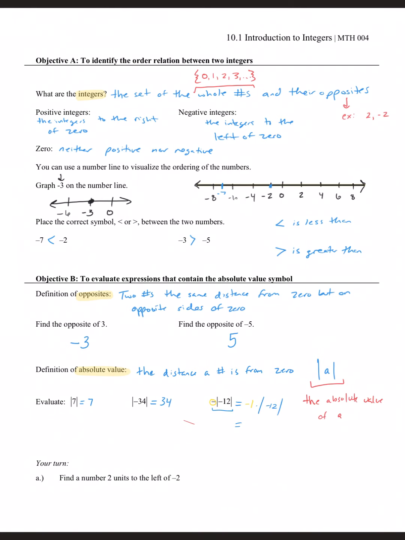I'm going to keep that -1 out front here. And then we say, okay, what is the absolute value of -12? Right, that would just be a +12. What's a -1 times 12? That would be a -12. So you want to be careful. If you have a negative on the outside of the absolute value, you have to carry that along until you find the absolute value of what's inside.